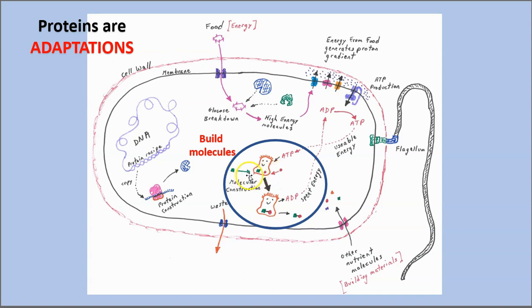Where does it get the starting materials? Perhaps nutrients that were imported through these channel proteins. Now, why are cells building all these molecules? Because cells are made of molecules. And the cell's not going to get ready-made parts from the environment necessarily. So the cell imports whatever kind of nutrients it can and then uses those nutrients to build the molecular parts that it needs.